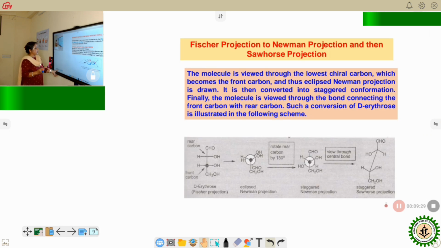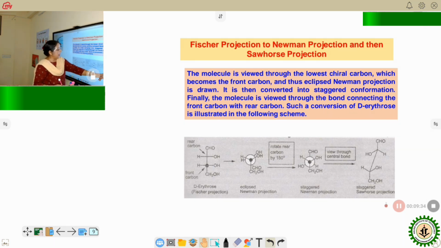In the same manner, you can convert from staggered to Newman to Fisher, but you must remember this: when you convert Fisher to Newman, you must first write the fully eclipsed conformer in the Newman projection formula, then you can do the Fisher projection formula.